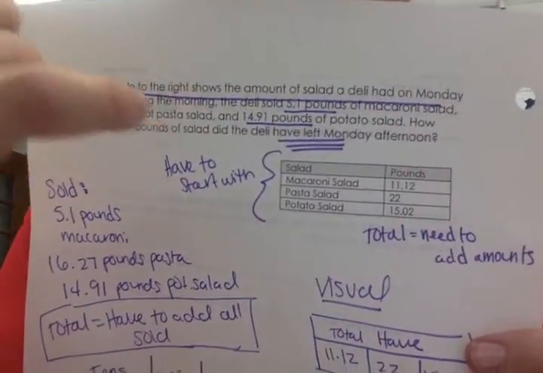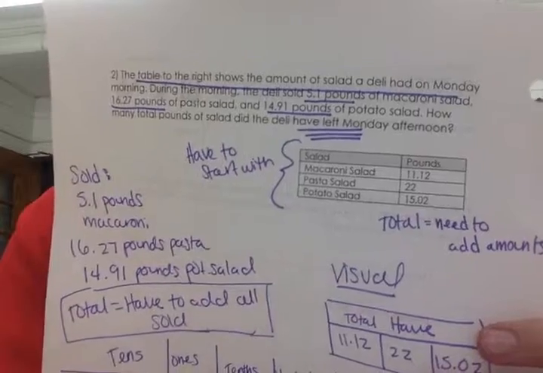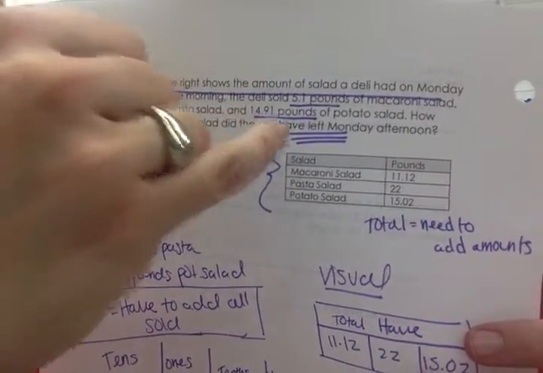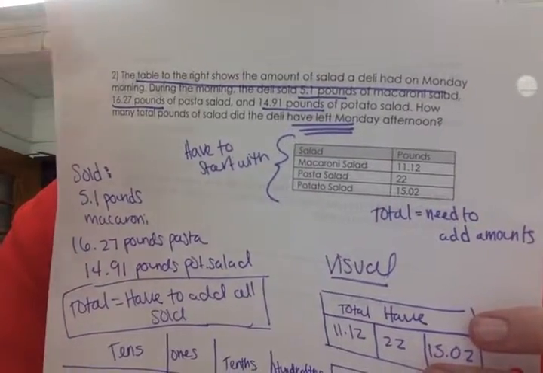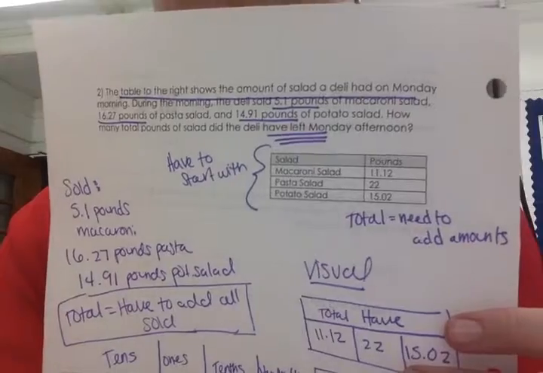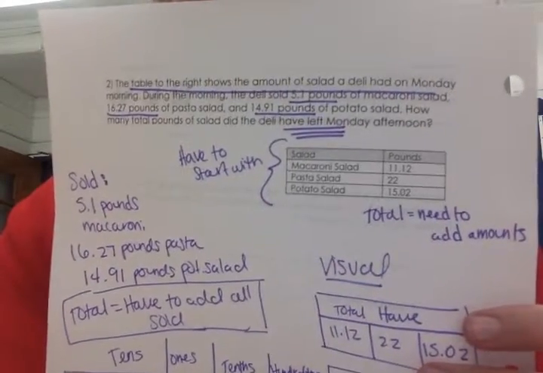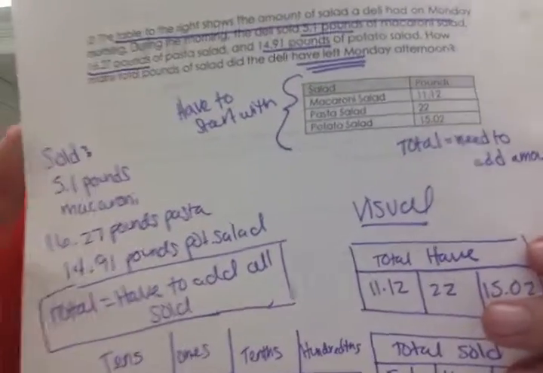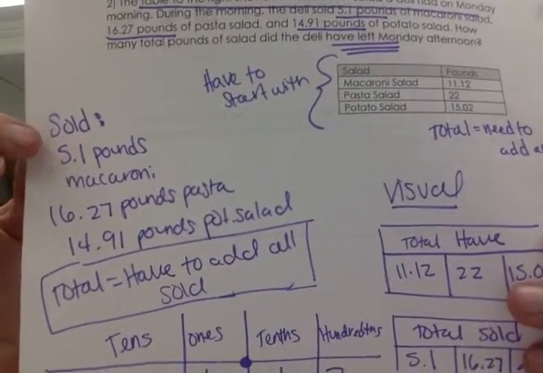Second piece, the deli sold a bunch of salad. They sold 5 1/10, they sold 14 and 91/100, and they sold 16 and 27/100 pounds. Those are all different types of salad, but we don't actually care about that. We just care about the total amount that they sold. So I wrote that down as a note.